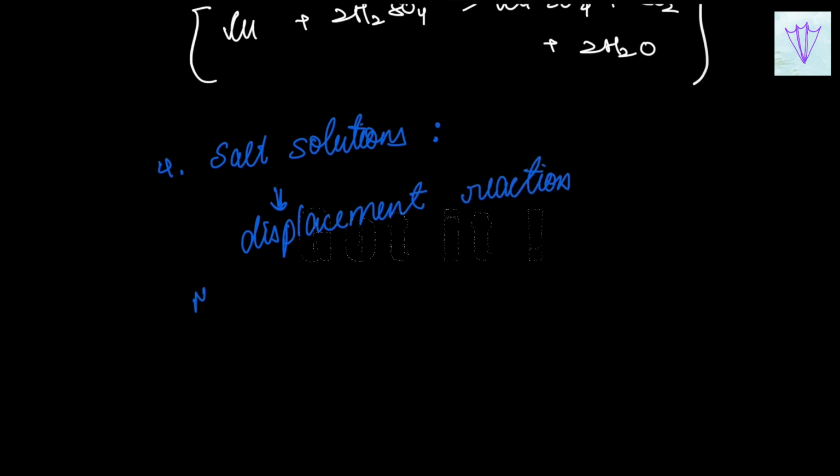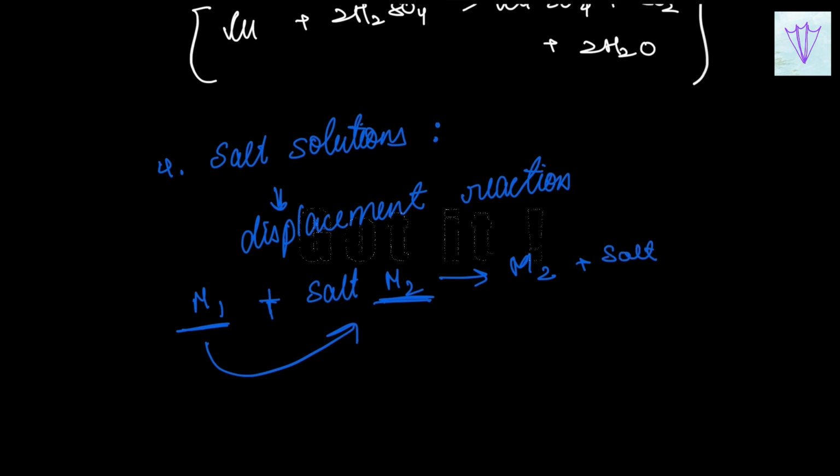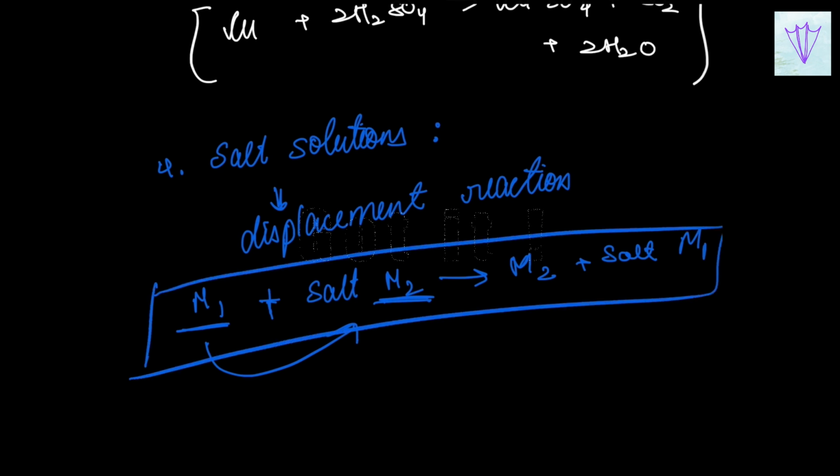Here M1 is a more reactive metal and we have the salt solution of M2, a less reactive metal. The more reactive metal will replace the less reactive metal from its salt solution, and in the end we find the salt solution of the more reactive metal. This is the overall displacement reaction.